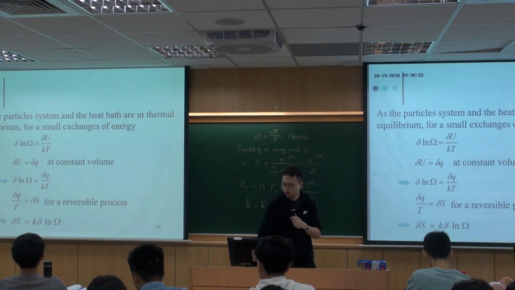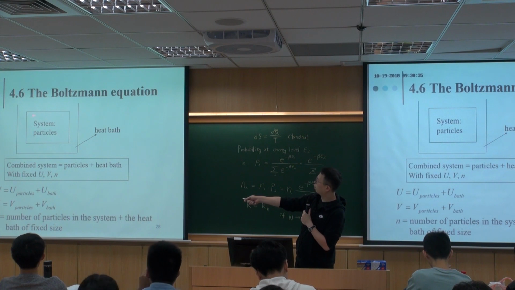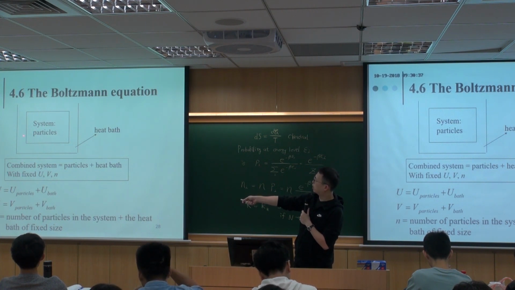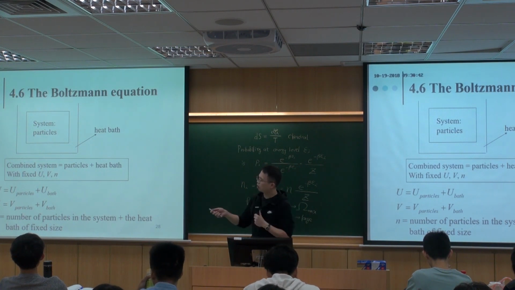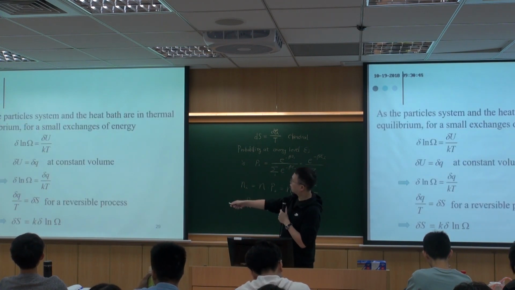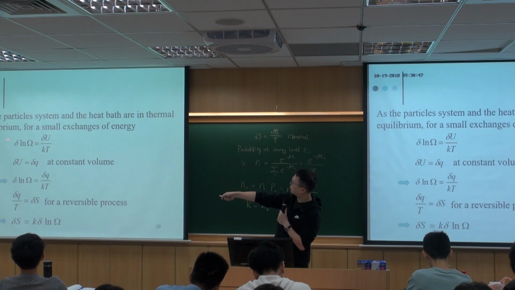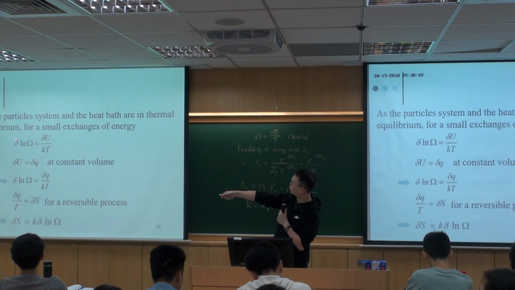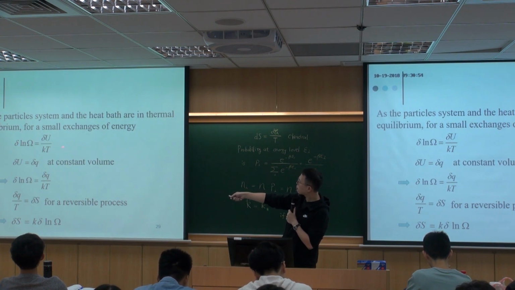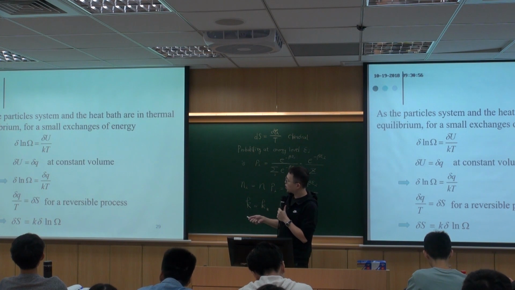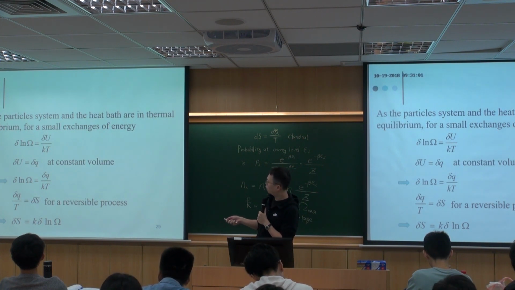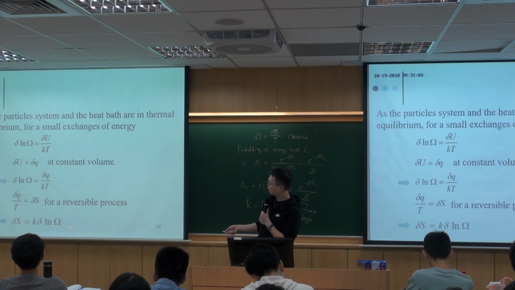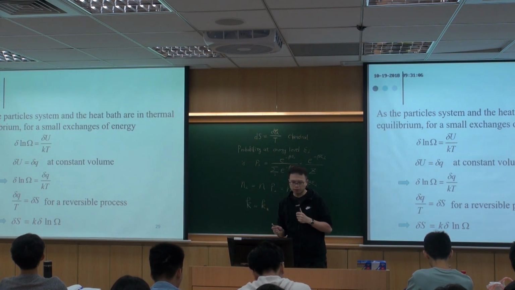It comes from the argument that if you have a system in contact with a heat bath, and they have heat exchange, that process will change the possibility of configurations in the system, and that change corresponds to this term, delta U over KBT. And again, delta U is delta Q at a constant volume process. Therefore, you can arrive at this expression.